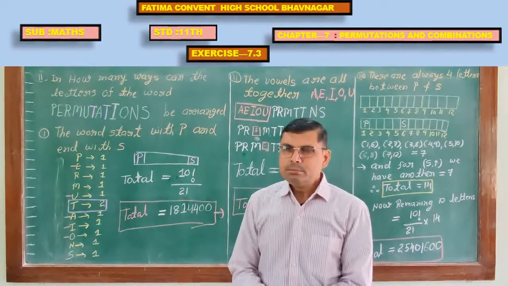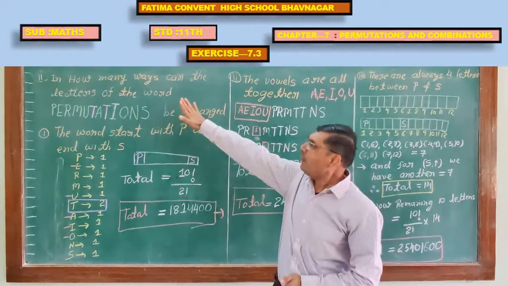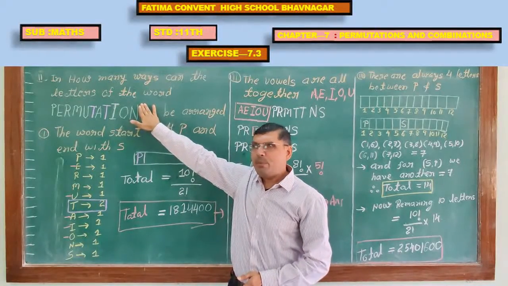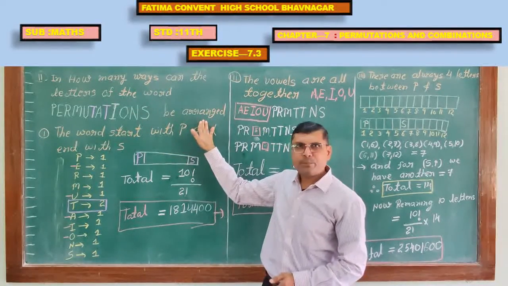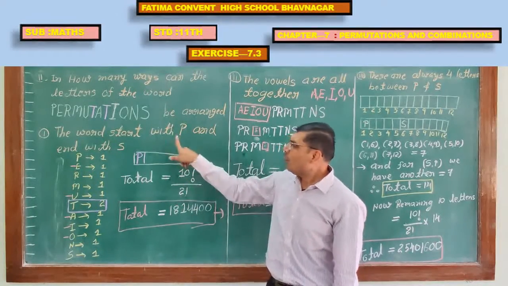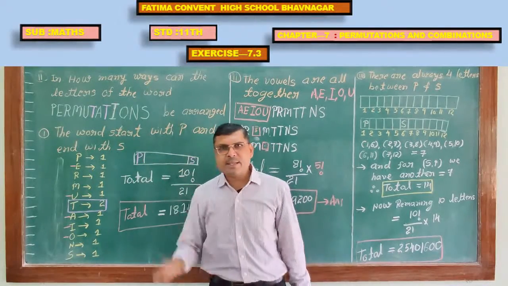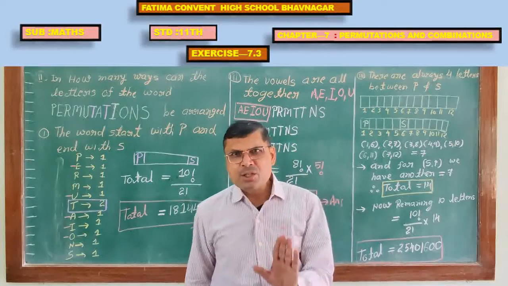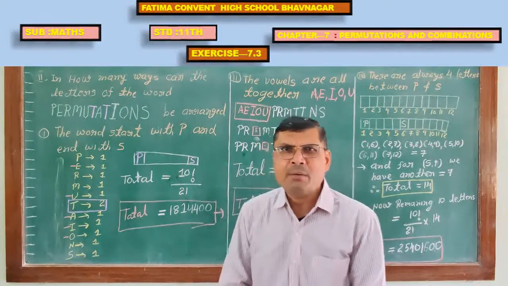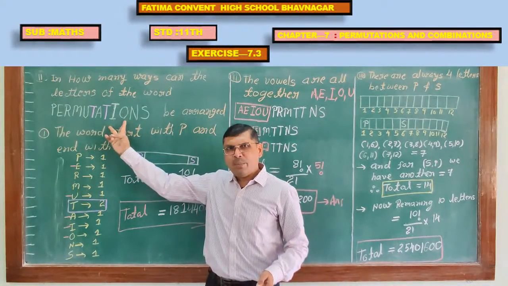7.3. Last sum. Question number 11. In how many ways can the letters of the word PERMUTATIONS be arranged? And there are 3 sub-questions. First one, the word starts with P and ends with S. Means we fix 2 letters, P and S. Now first of all, as usual, I will analyze my word.